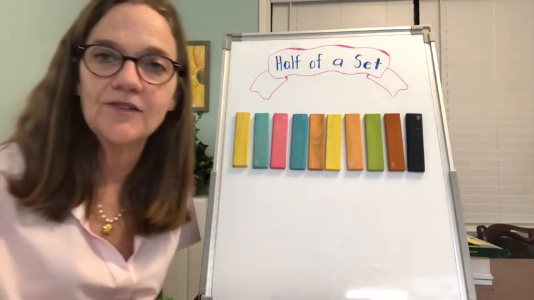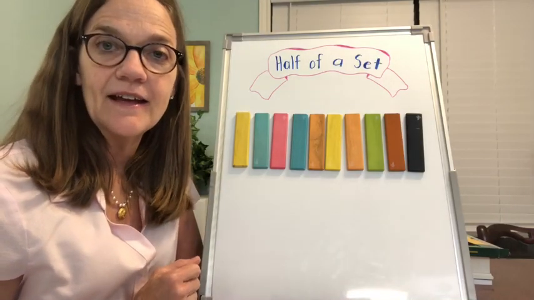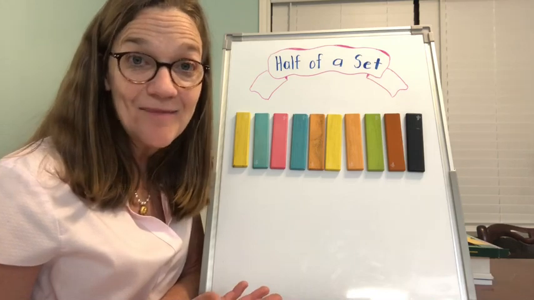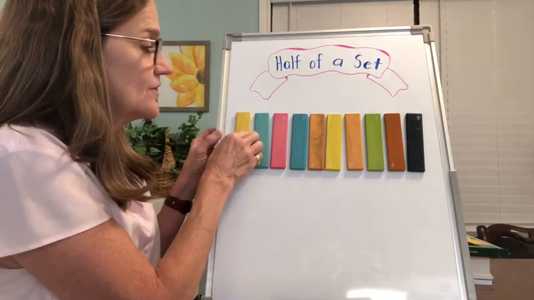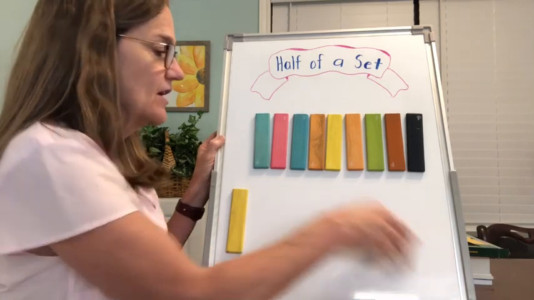Okay, I think we're going to stop there. We'll have 10 rectangles, okay? So we can divide these into two smaller sets since it's an even number, all right? So let's make one set over here, and we'll make the other set over here, okay?